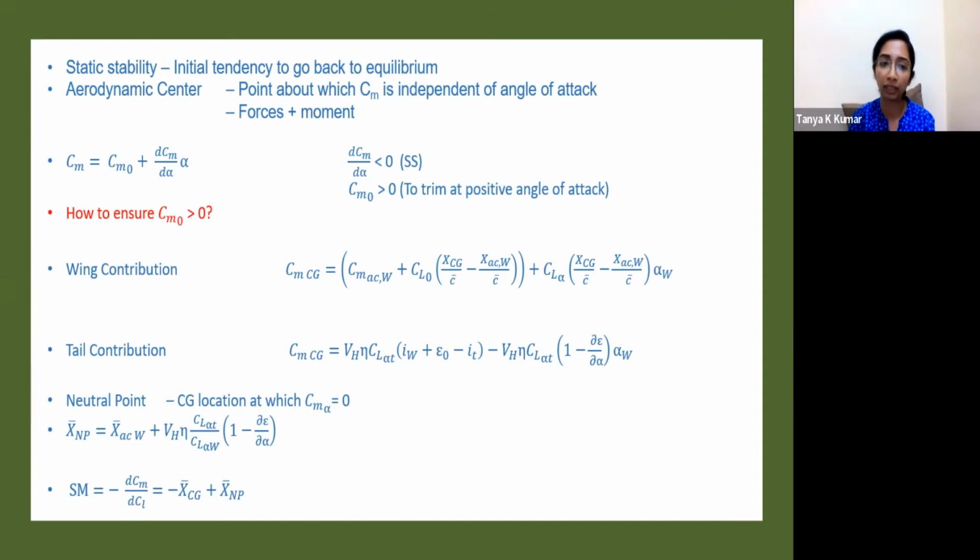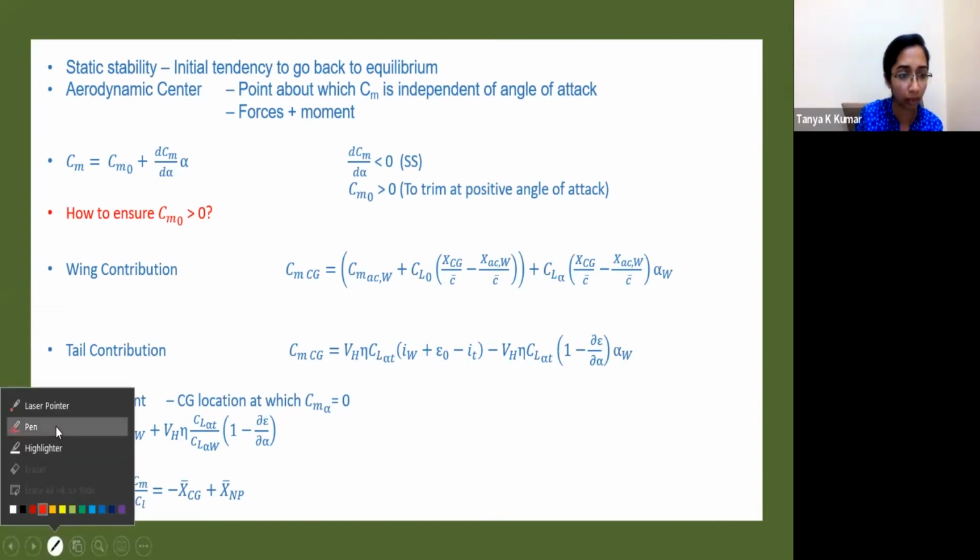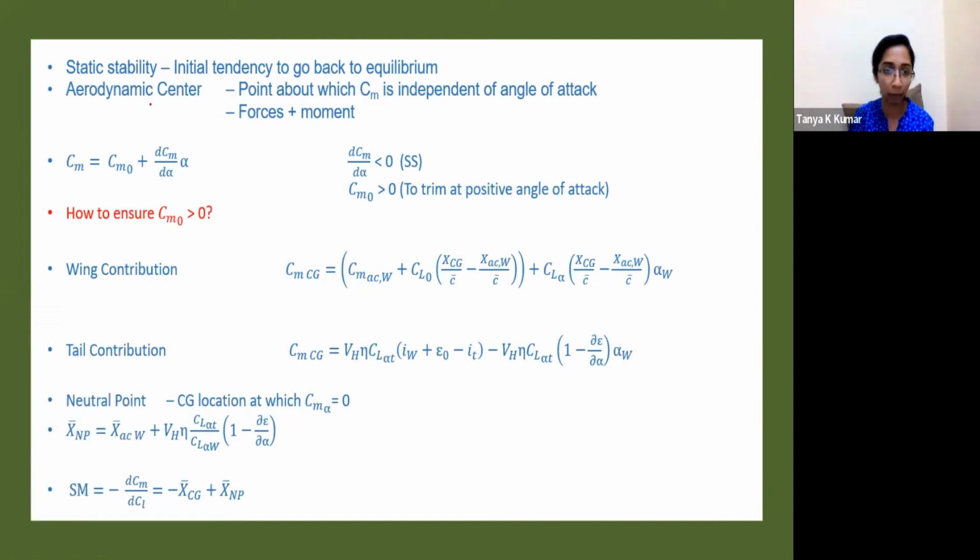So I had asked in the previous class, what can we do to ensure that Cm naught is positive? For a cambered airfoil, we know that Cm versus alpha would be with a negative Cm naught, the y-intercept would be negative.